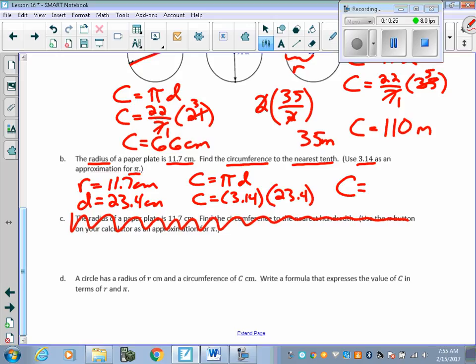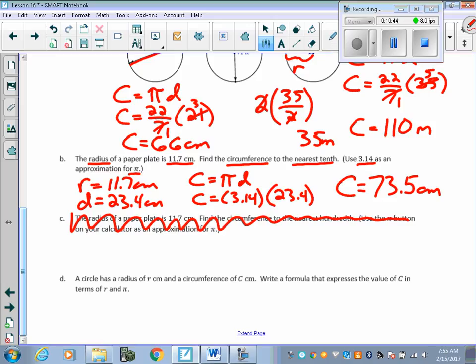And I got 73.476. But it says round to nearest tenth, so I'm going to write down 73.5 or 73 and a half, and in this case it would be centimeters, because we're just looking for the one distance all the way around.